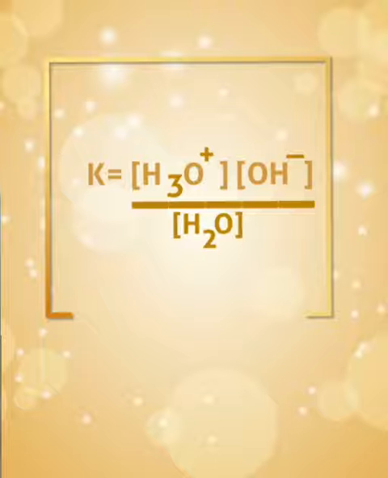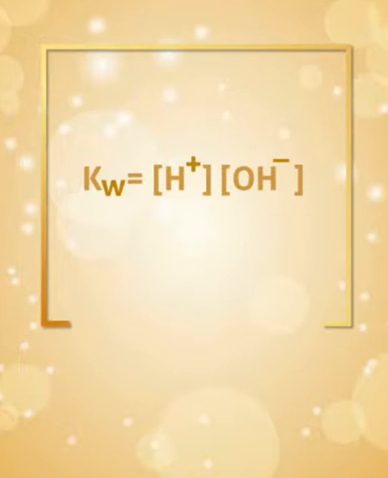The equilibrium for the above reaction can be shown like this, where K is equal to concentration of H3O plus multiplied by concentration of OH minus divided by concentration of H2O. Since H2O is a pure liquid, its concentration can be taken as a constant. We get an expression Kw is equal to H plus multiplied by OH minus, where Kw is called ionic product of water.